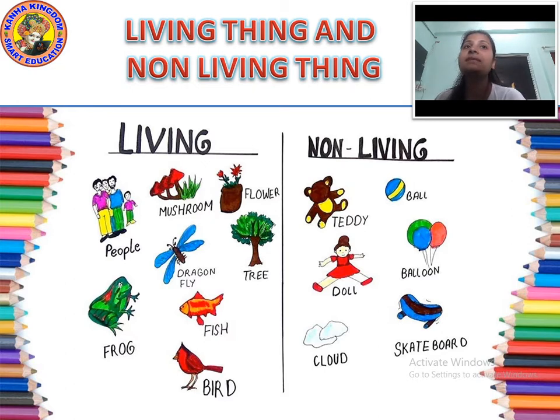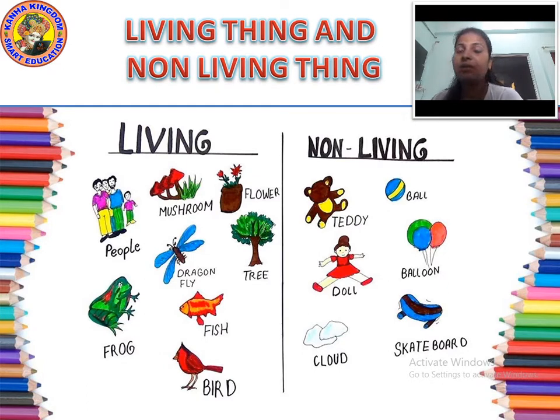Every living thing needs water to live. So the tree also needs water to grow. Tiny plants become plants, and that plant becomes a tree. Why? Because it is a living thing.